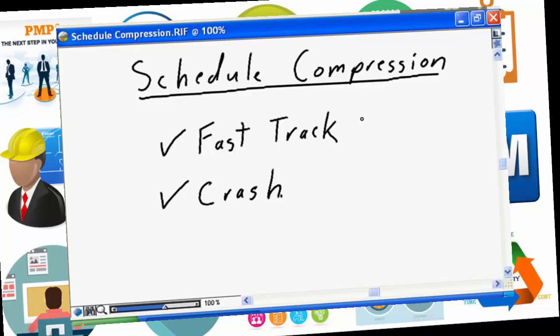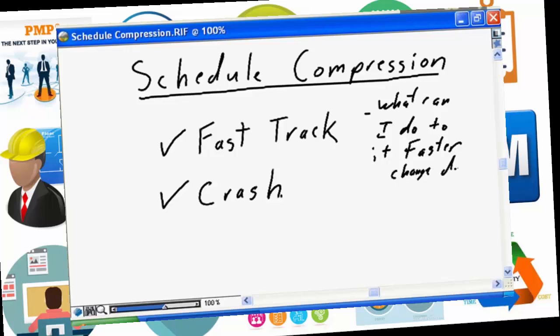Fast tracking says, what can I do to do it faster? So what can you do to do it faster? Can you change dependencies?